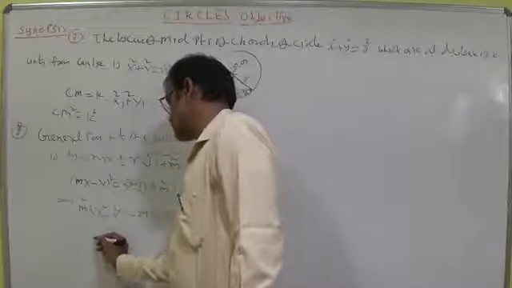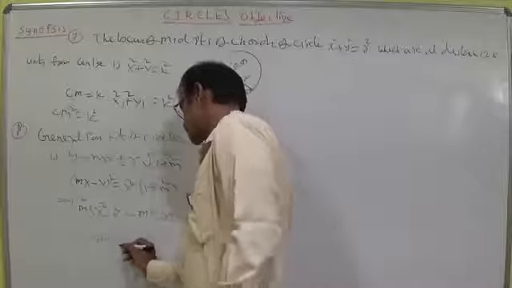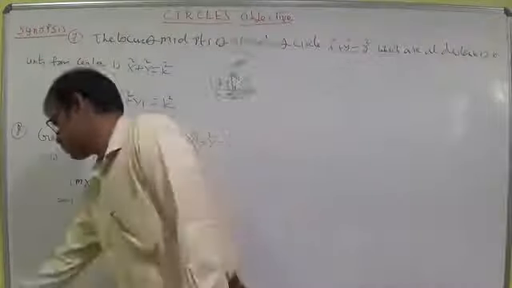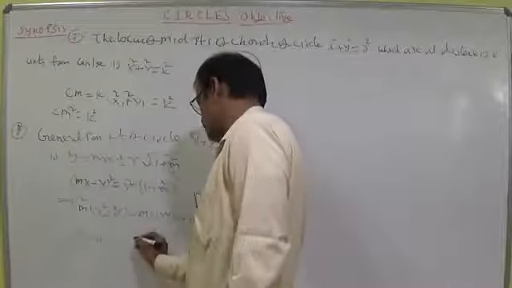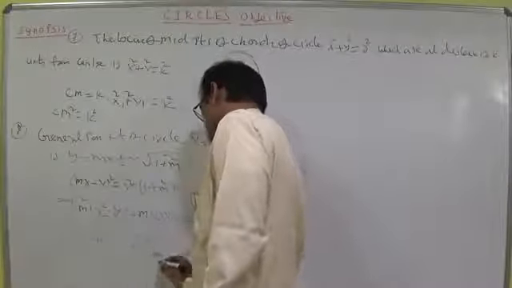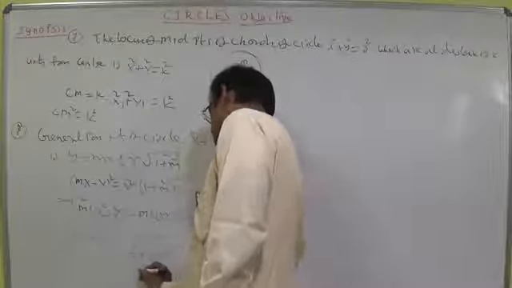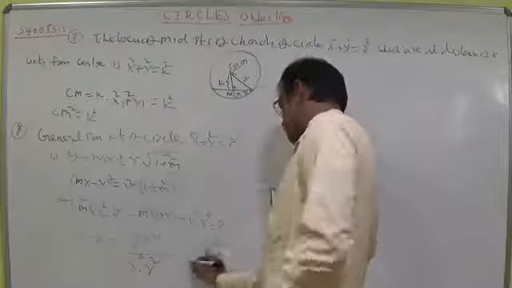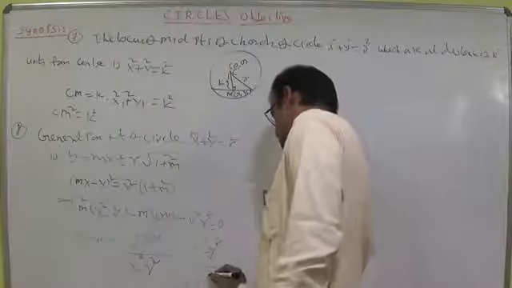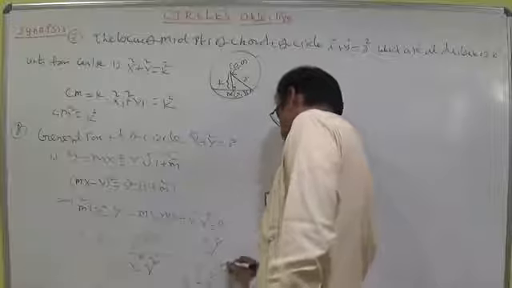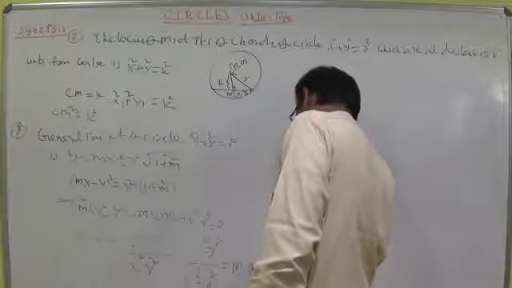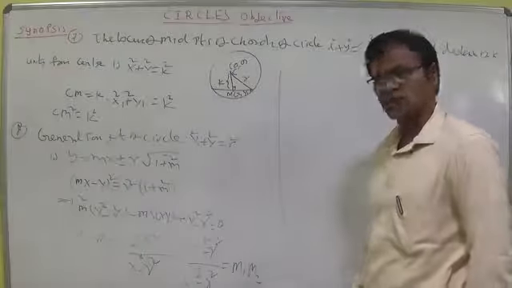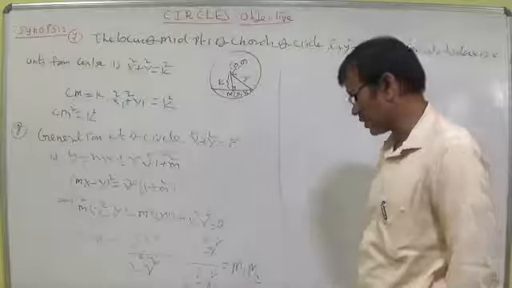This is a quadratic equation in m. If m1 comma m2 are roots of this quadratic equation, we can write the sum of roots m1 plus m2 is equal to 2xy by x square minus r square. And the product of roots m1 m2 is y square minus r square by x square minus r square.